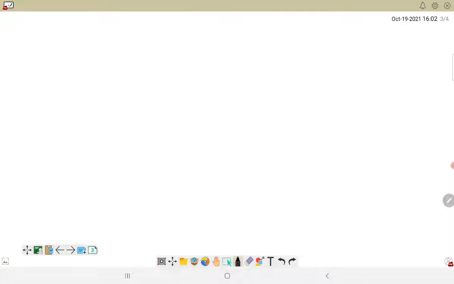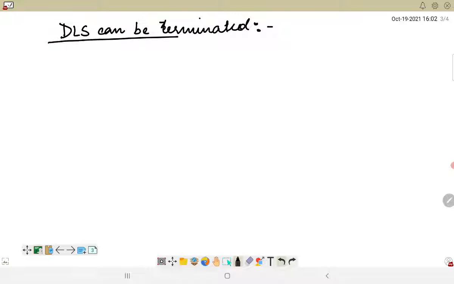However, it has certain drawbacks. That means DLS can be terminated if any of the following two conditions occur. What are those? The first condition is when it achieves a standard failure value.